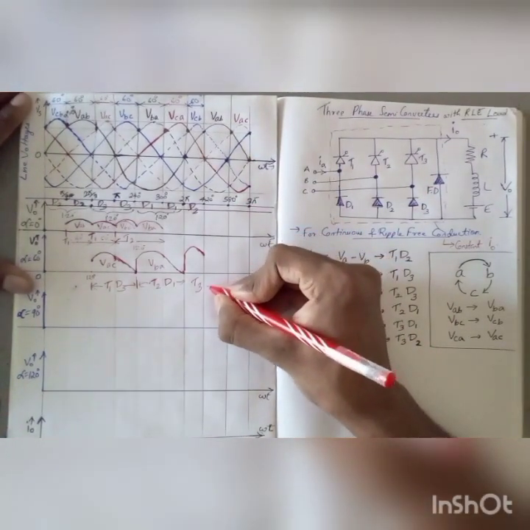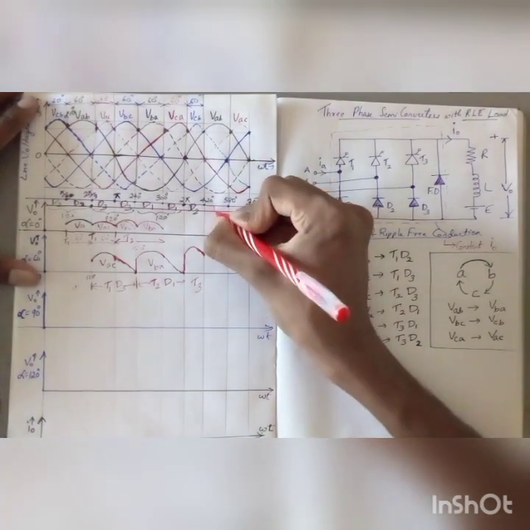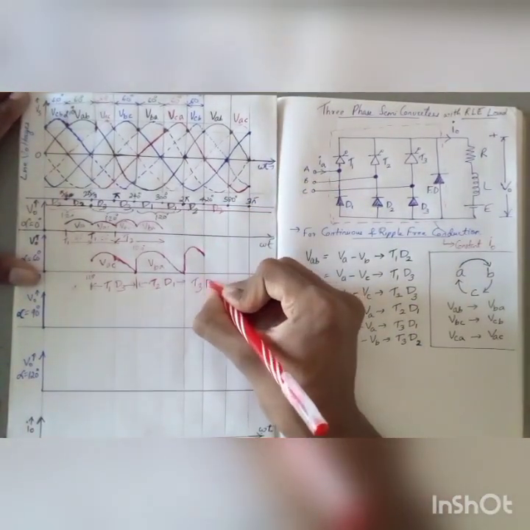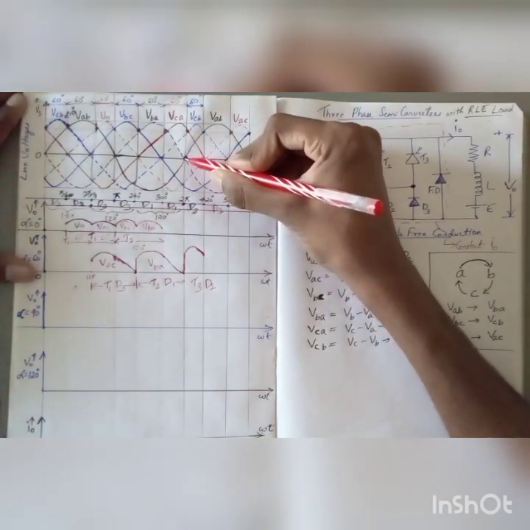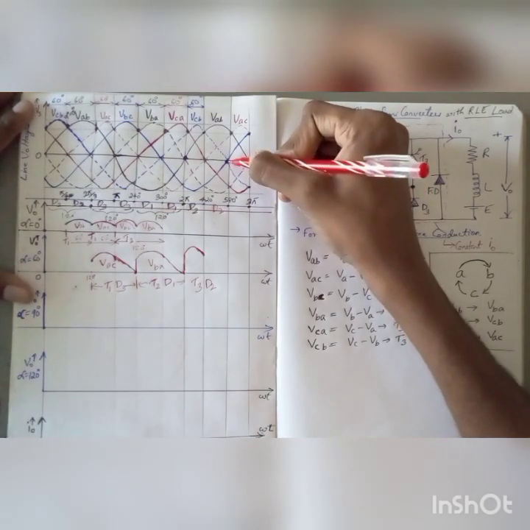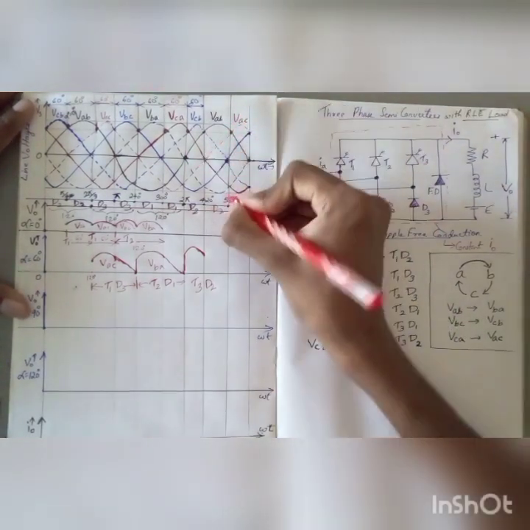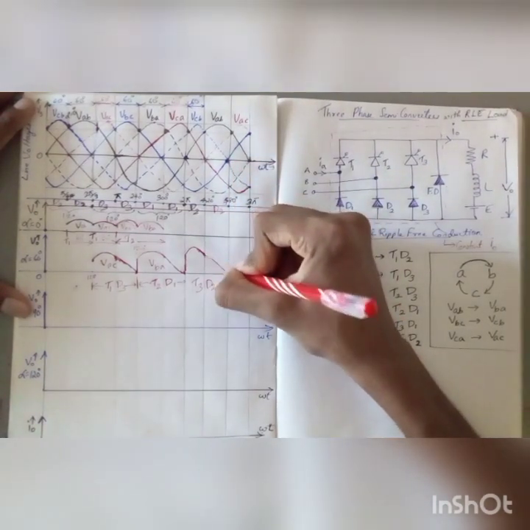So T3 is conducting up to 120 degree means which is the combination pair? D2. So T3 D2 will be conducting from 360 degree to 480 degree. Hope it is clear for you.